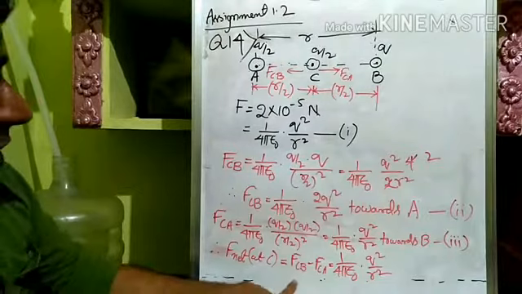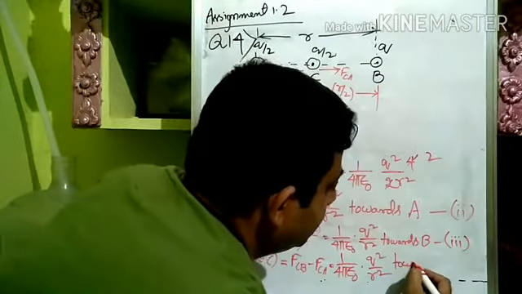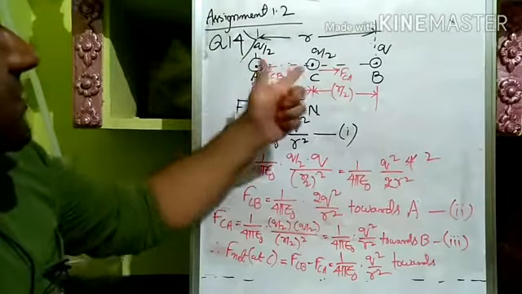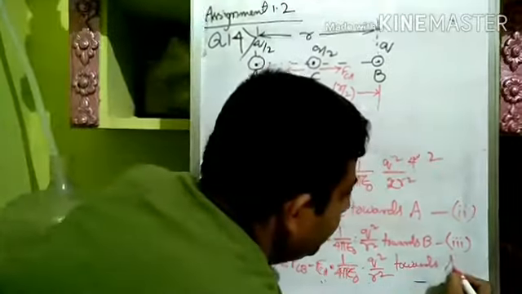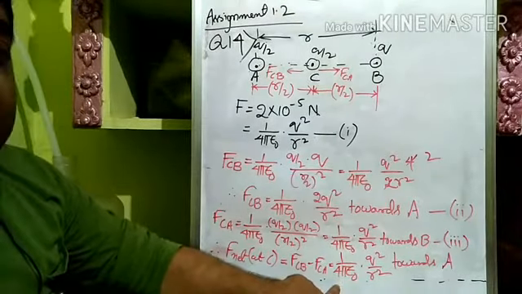This is the force F net, and it is along FCB, that is towards A.